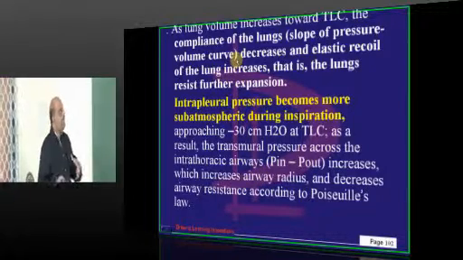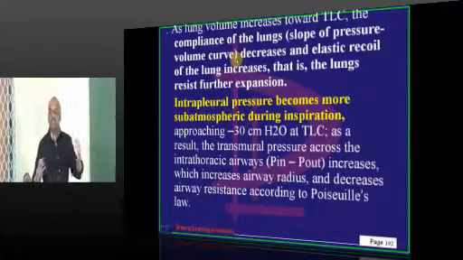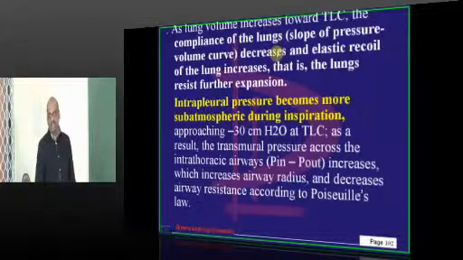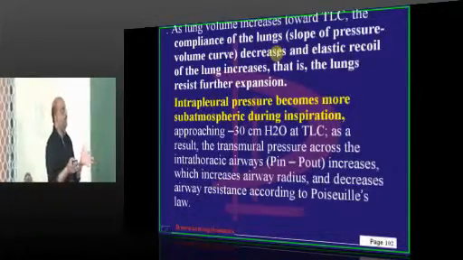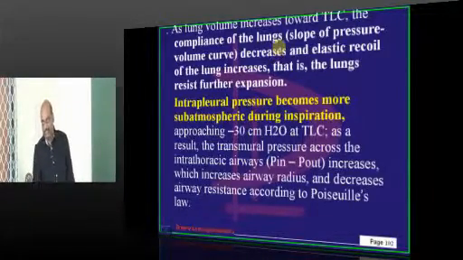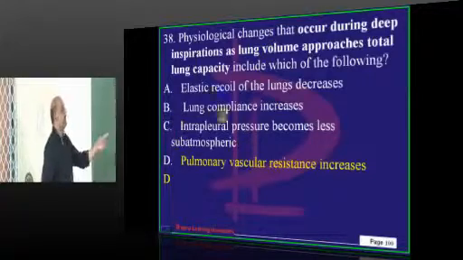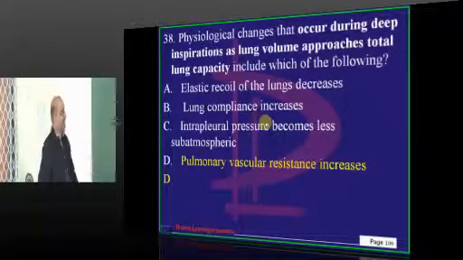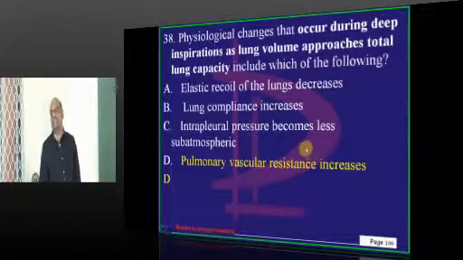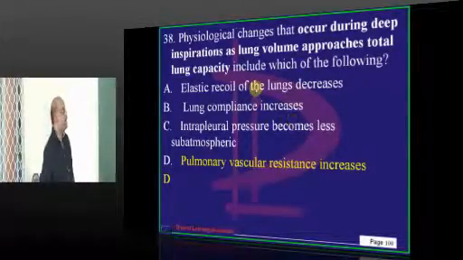Then whenever the lung volume increases and reaches a full blown state, then the compliance of the lung decreases, elastic recoil increases, so that the lungs will resist further expansion. So there is a second thing which will occur. So lung compliance basically will decrease, and the pulmonary vascular resistance typically increases in full inspiration is what you have to fundamentally understand.